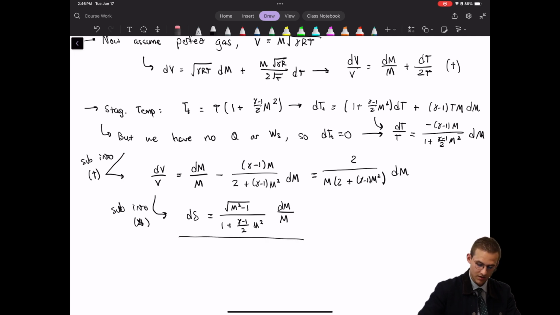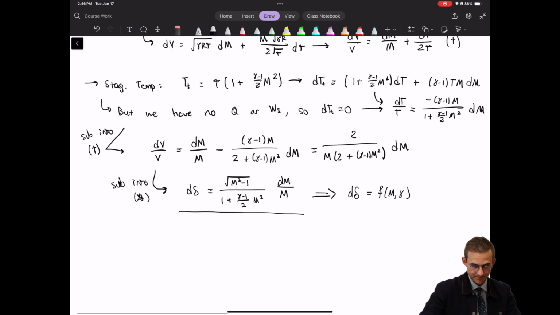And that tells us that the infinitesimal change in the deflection angle, or the flow direction, is itself a function of M and gamma only. So we want to integrate this to yield an equation that is something like delta plus some integrating constant is equal to some function of M and gamma.